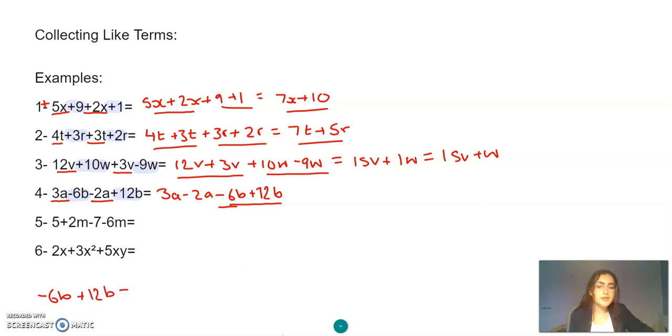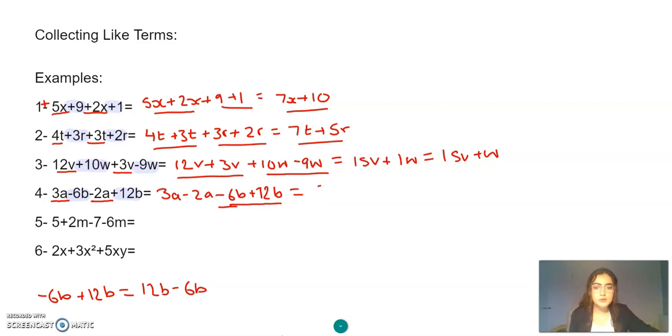We can rewrite that to make it a lot more clear what's happening. So we can switch around our terms. So we have a positive 12b minus 6b. Because this is a negative term, we can just rearrange it to leave us with 12b minus 6b. And that's a lot easier to see what's going on. Like this compared to this, it's just a lot nicer to write it this way.